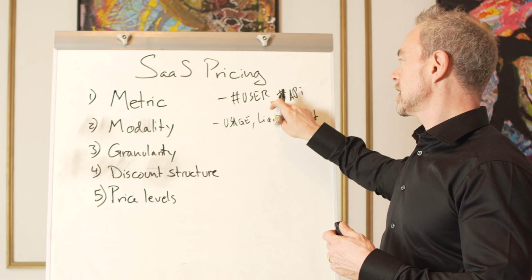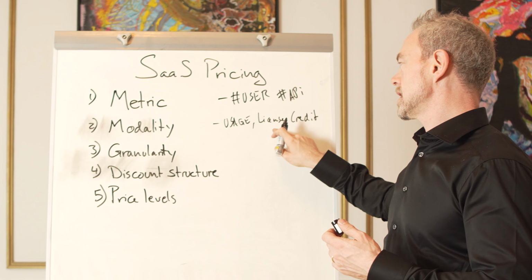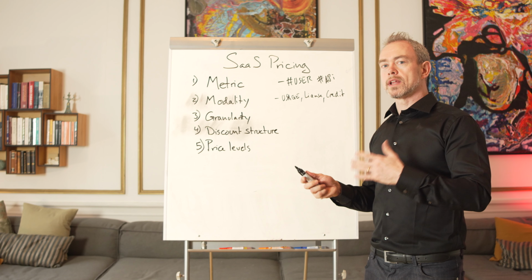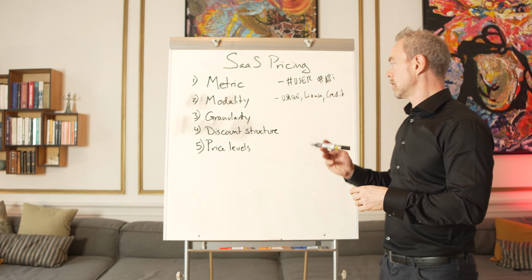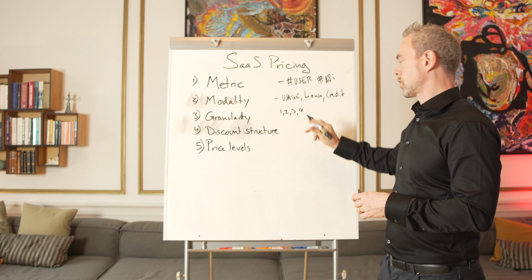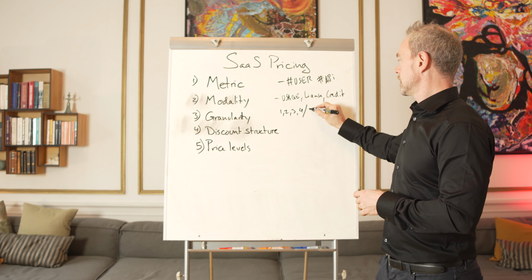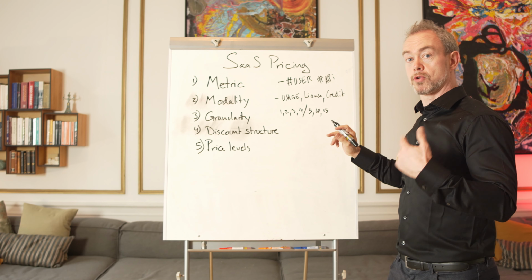So the next thing is we say, okay, so we actually have a user and then we have, let's say, a license-based, and then we need to figure out the granularity, which is to say, it's not a rule anywhere that I have to price by the smallest potential increment, right? So let's say I have 1 user, 2, 3, 4, and so forth. We might also say, hey, why not say that it's 5, 10, 15, so we just price per every 5 users.